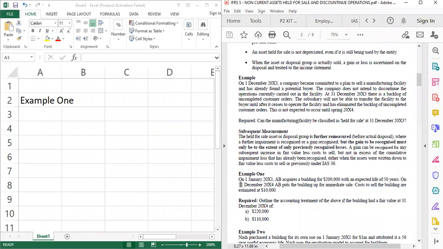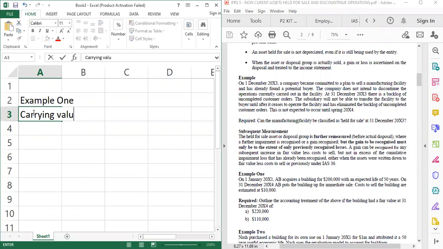From the date of purchase to 31 December 20X4, how many years is that? 4 years. So if you want to get a carrying value, how do we calculate it? We calculate the depreciation up to that time, the accumulated depreciation. So we have the cost, which is 200,000 minus accumulated depreciation.